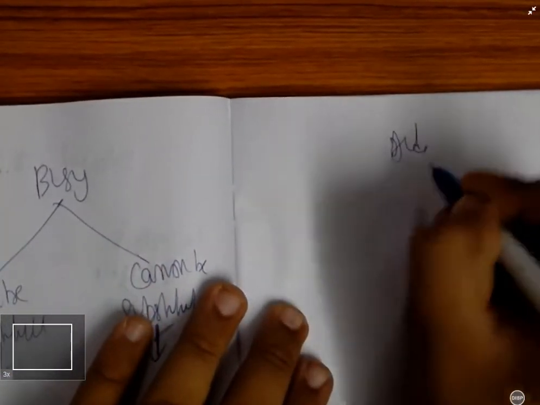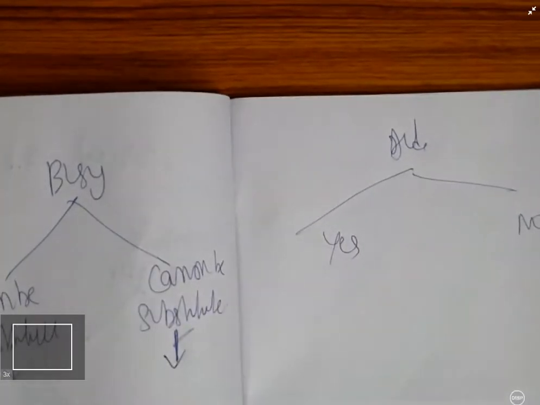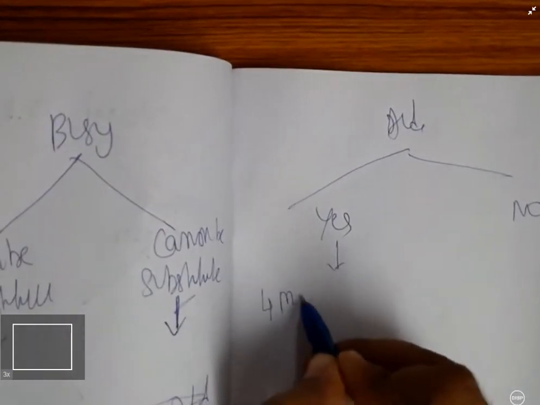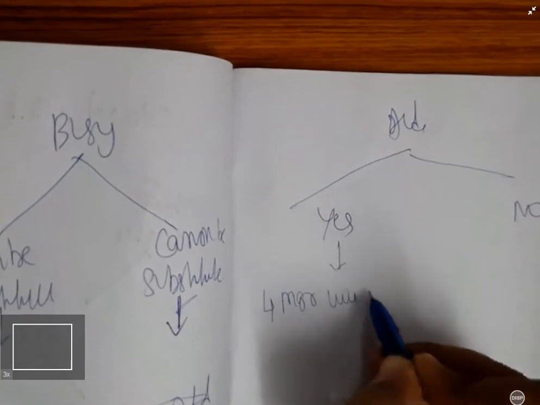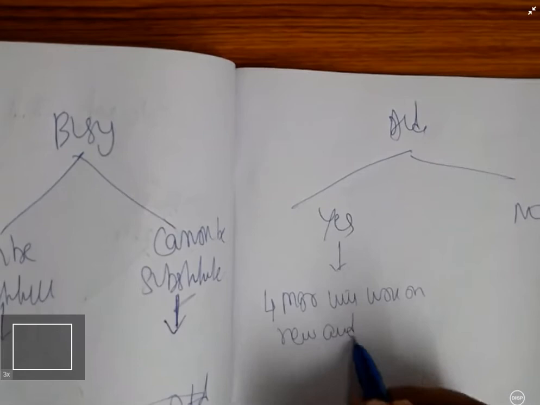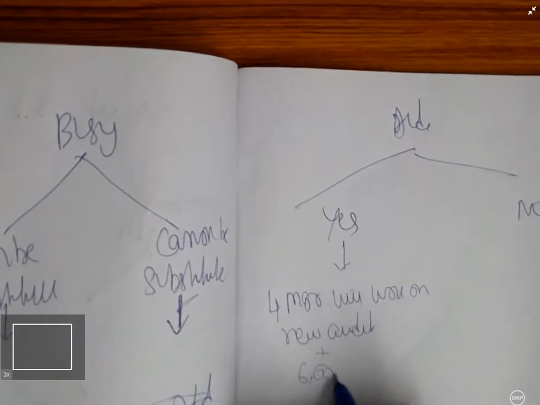Audit, yes, no. I'll keep it as yes and no. Yes means what happens, no means what happens. Yes means 4 managers will work on the new audit. Pay them 6 lakhs.